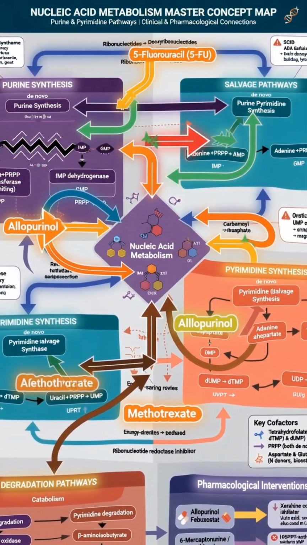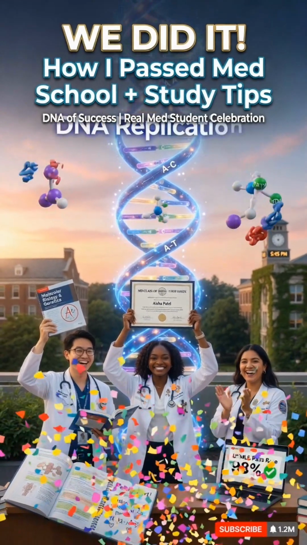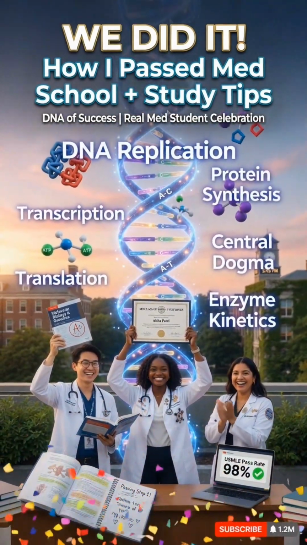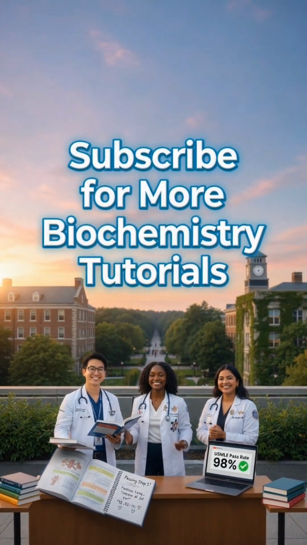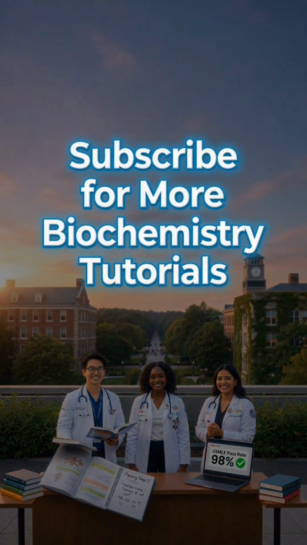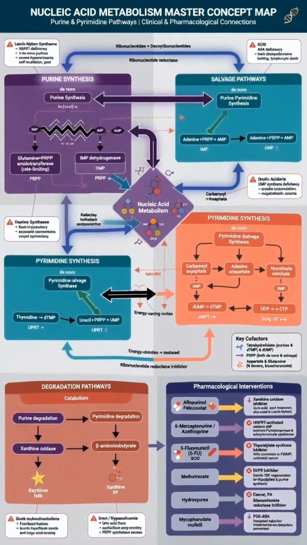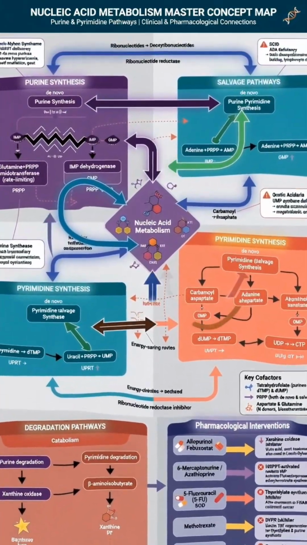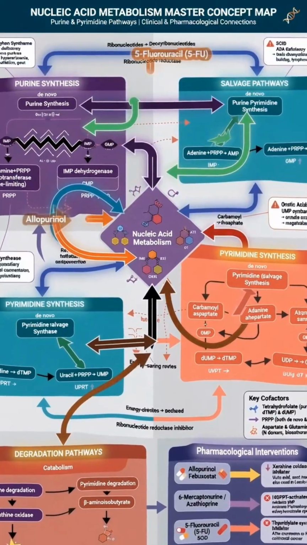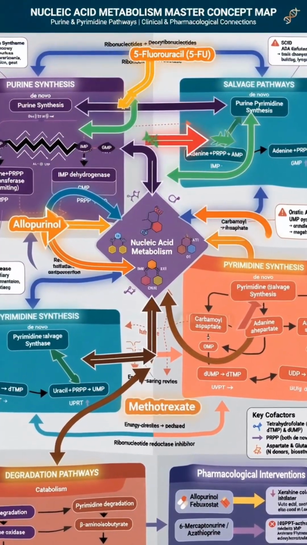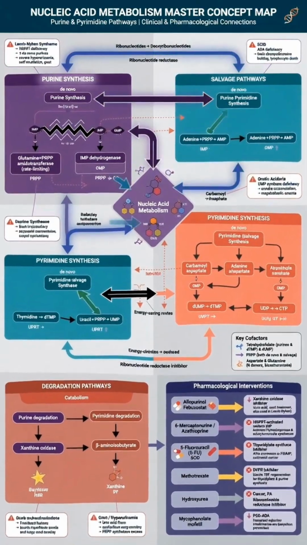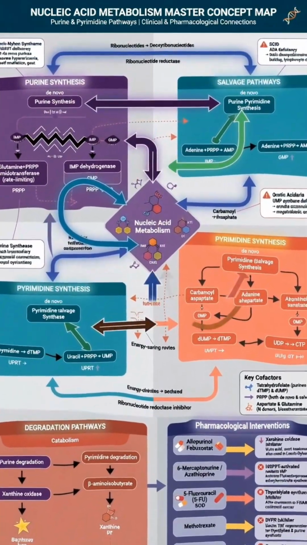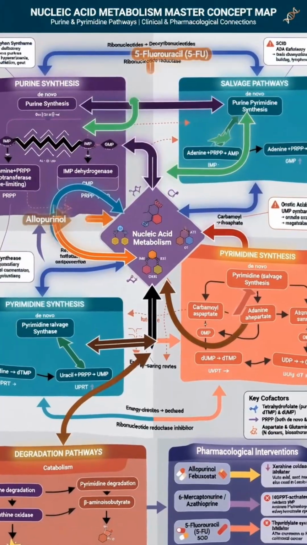So let's summarize this. Purines can be synthesized de novo or salvaged, while purine degradation ends with uric acid formation. Pyrimidines follow a different synthetic route and degrade into soluble products. Defects in these pathways lead to important clinical disorders.